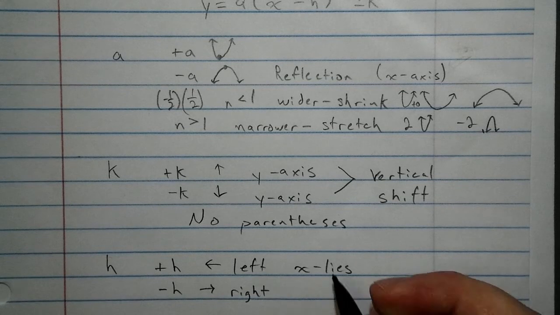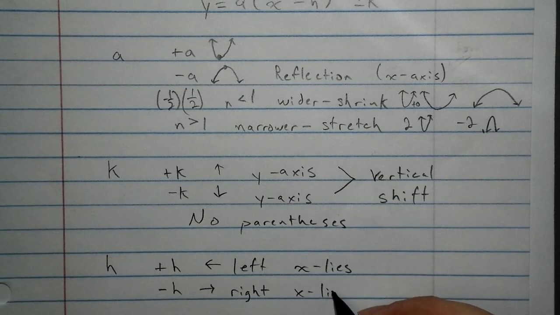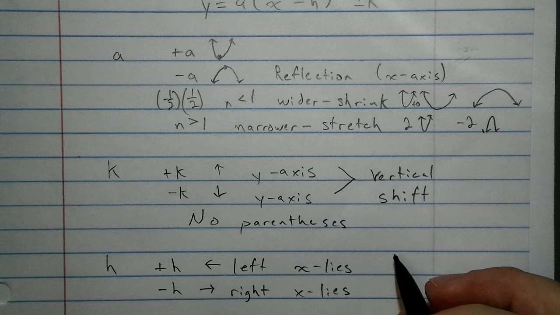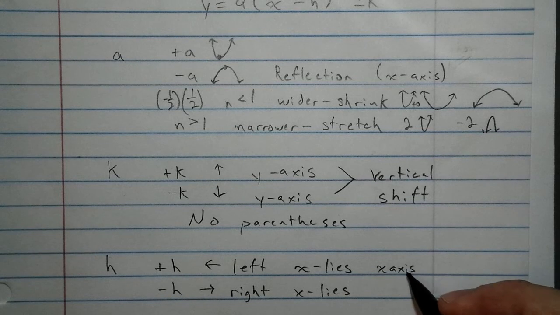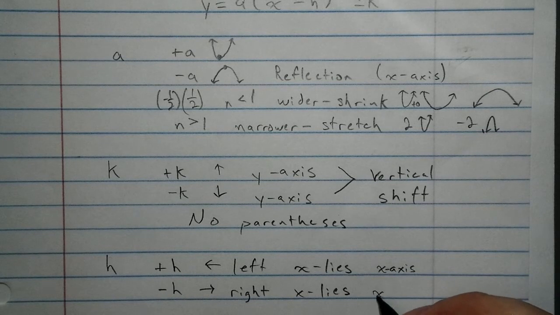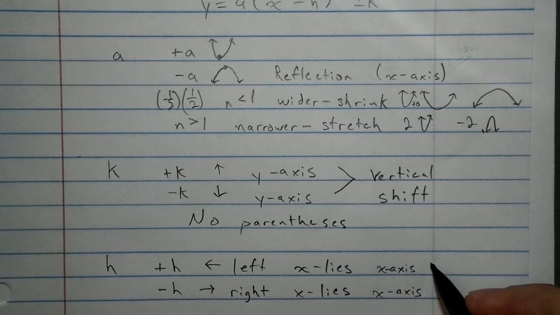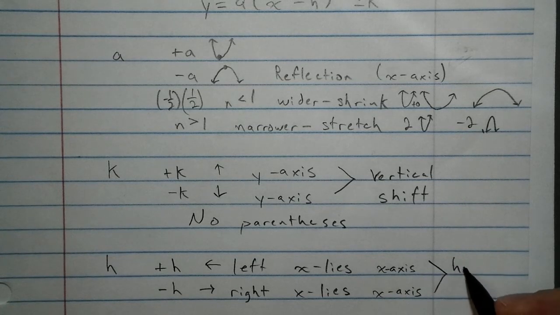And once again, that is because X lies along the x-axis. And this is also called a horizontal shift.